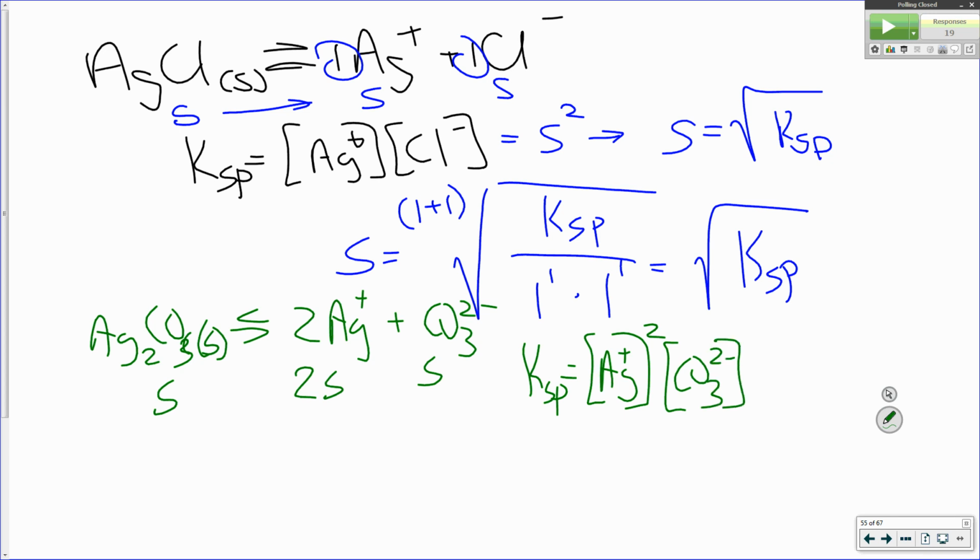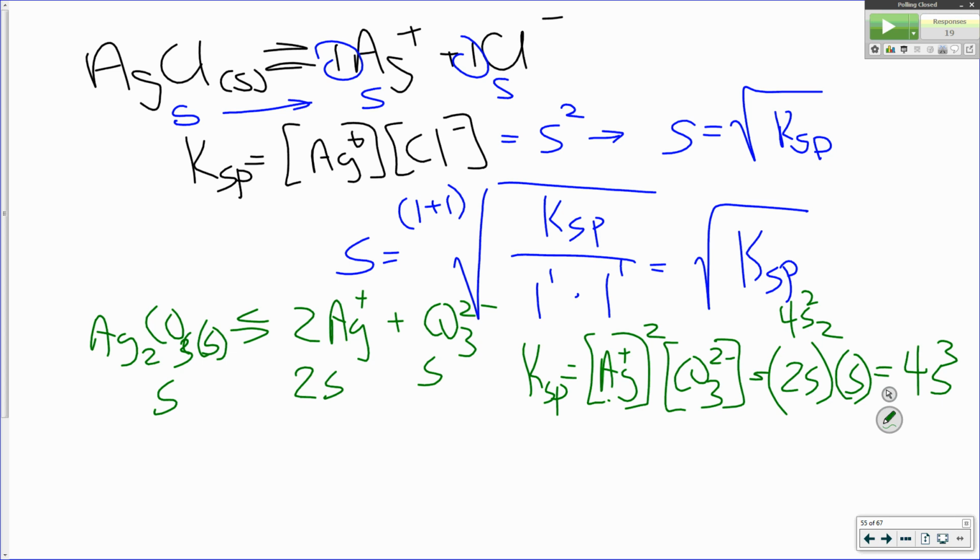But if I'm going to substitute these S's in, it would be 2S for silver, so 2S squared, and S for the carbonate. If I square 2S, it's 4S squared. So it's going to become 4S squared times S, 4S cubed. So KSP is equal to 4S cubed.